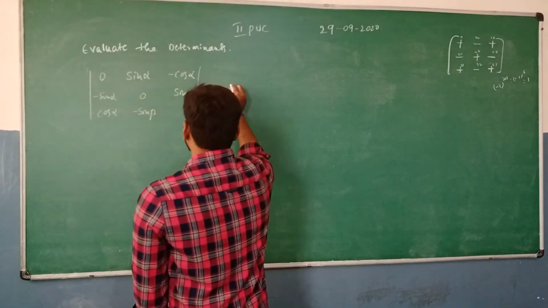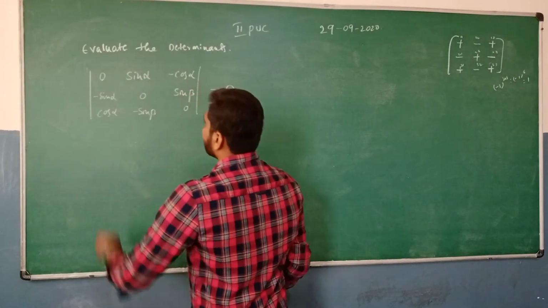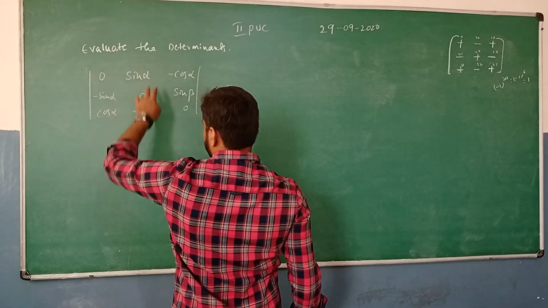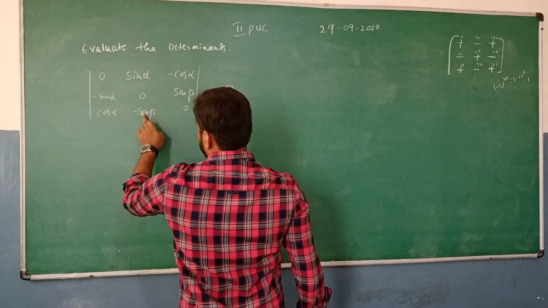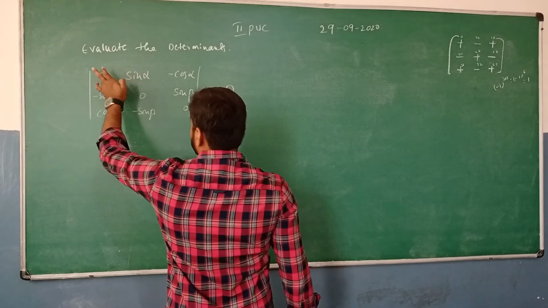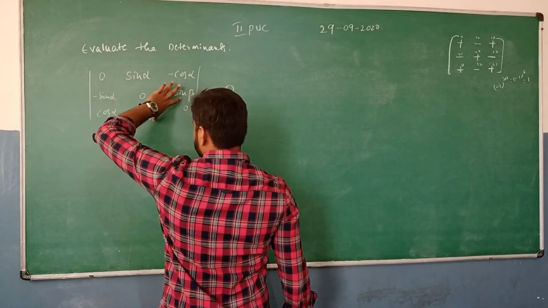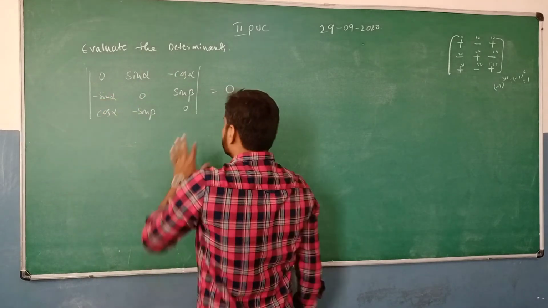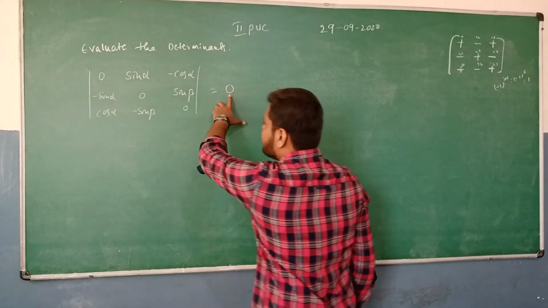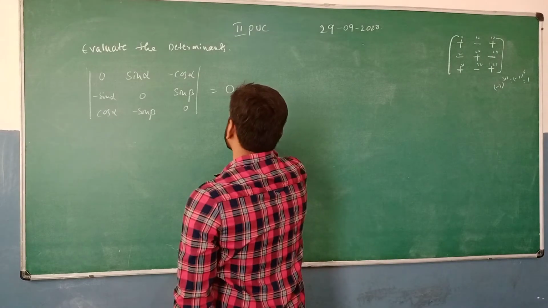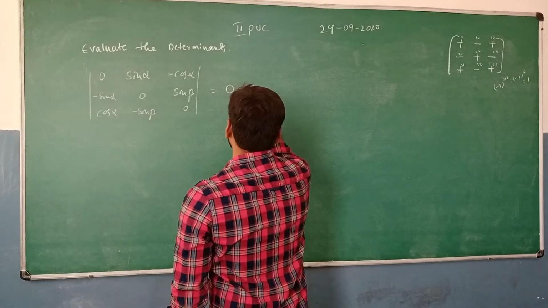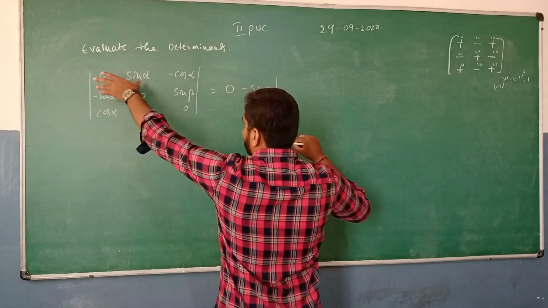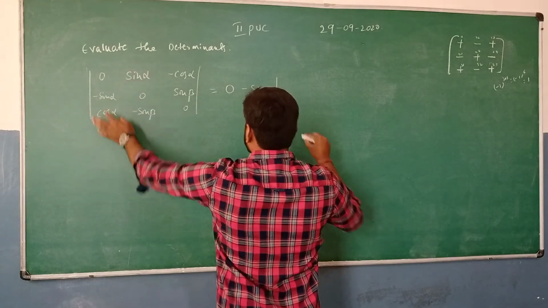So the first element, let us write it completely as 0, because 0 into the corresponding minor, which is the minor of sin beta, minus sin beta, 0, so 0 into sin square beta, again is going to be 0. So I am directly writing 0. Next one, minus sin alpha, so considering the corresponding row and column and negating, minus sin alpha.